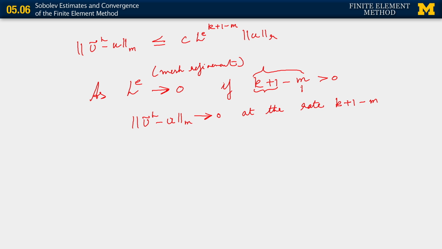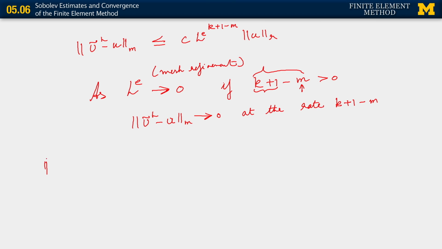Or making sure that we are not taking too many derivatives in computing the norm. So if we are not looking for very high m norms, right? We're not taking many derivatives when we compute the m norm, then this holds, right? And this is an important thing to know.